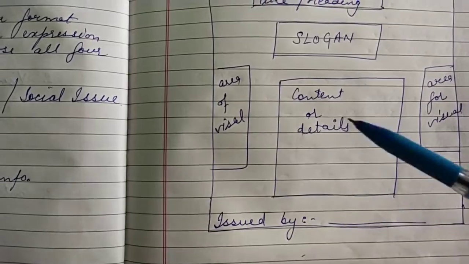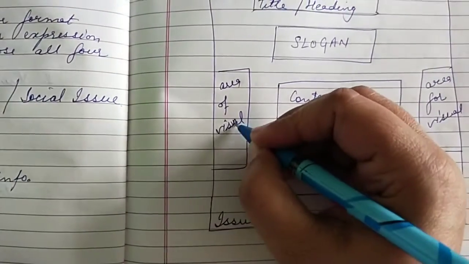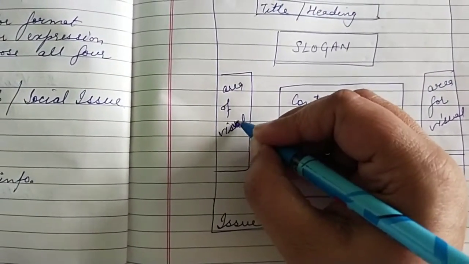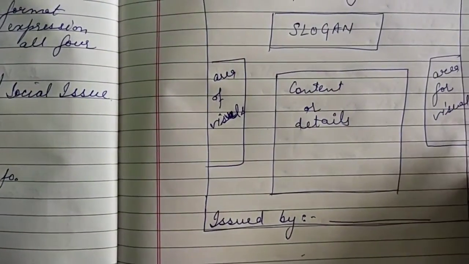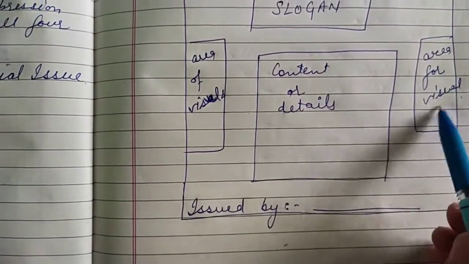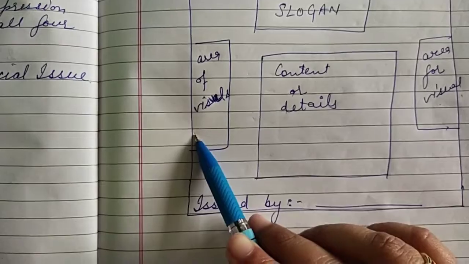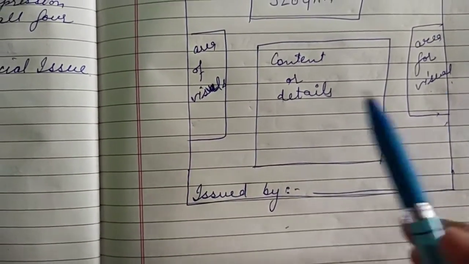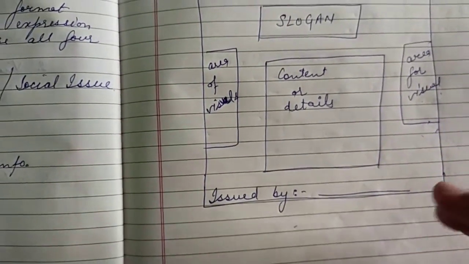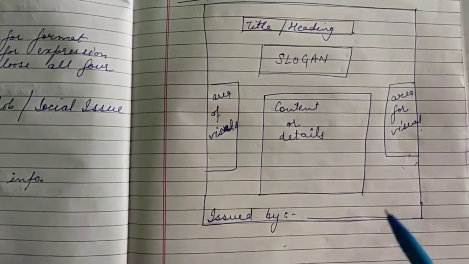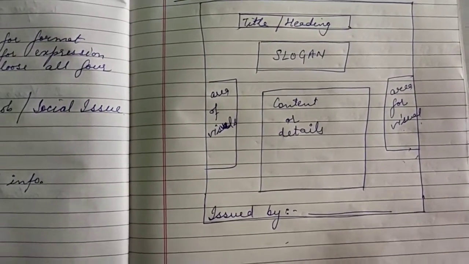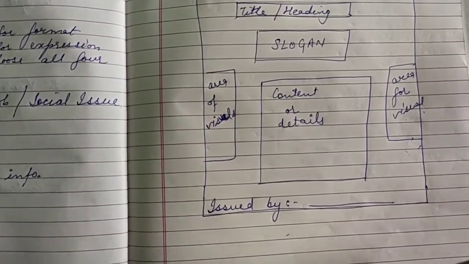For the visuals, take either of the areas, either this one or that one, or both if you need, but don't just make a hodgepodge of it. Don't make too many visuals, which makes your poster overcrowded.